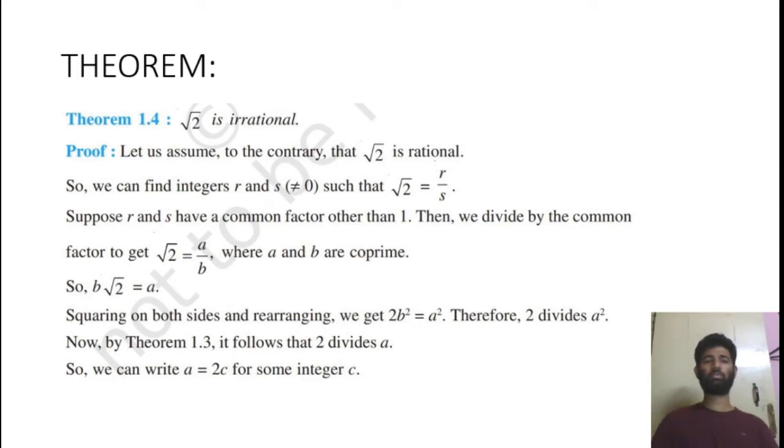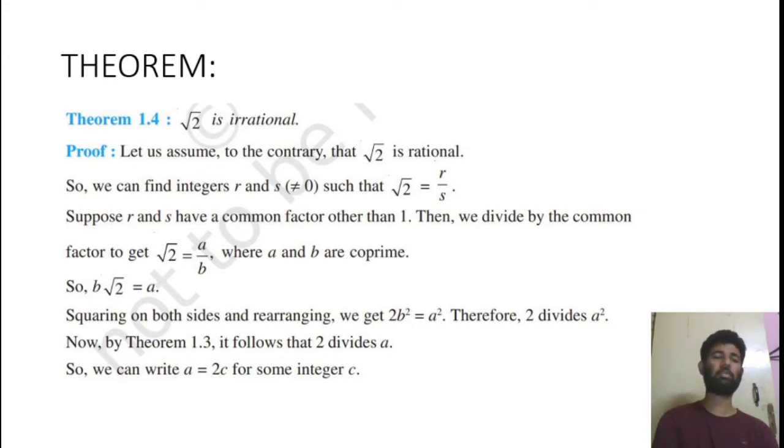So now when root 2 is rational, it can be represented in the form r by s, where s is not equal to 0. Further, we remove any common factors. Then root 2 can be expressed as a by b, where a and b are coprime integers and b is not equal to 0.